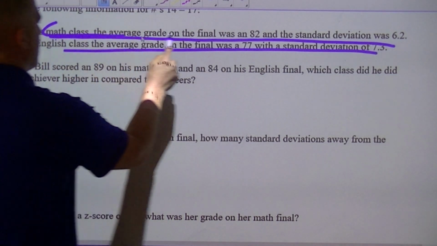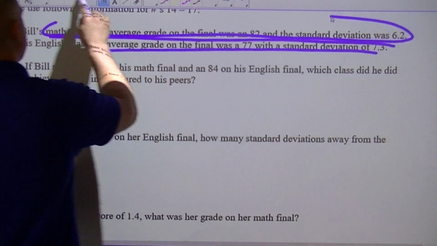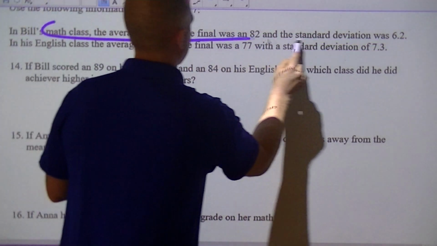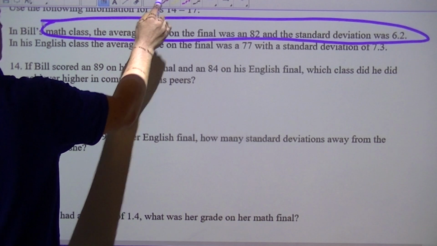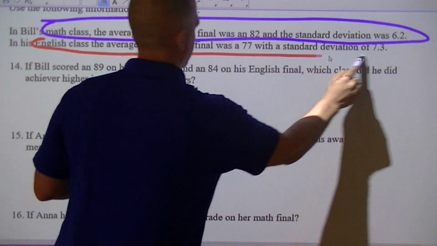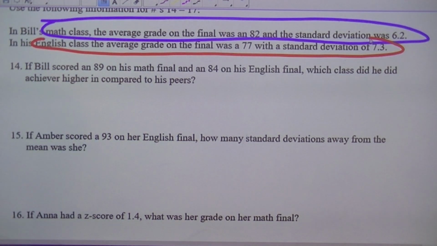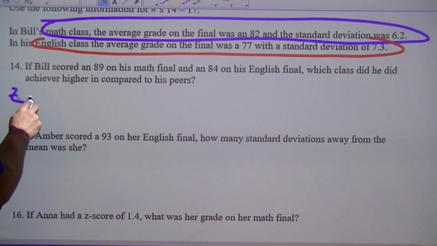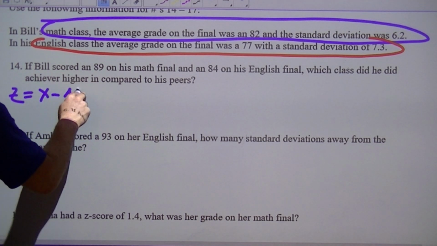This goes together, and then this goes together. So then the z-score formula, which everybody knows, is this.